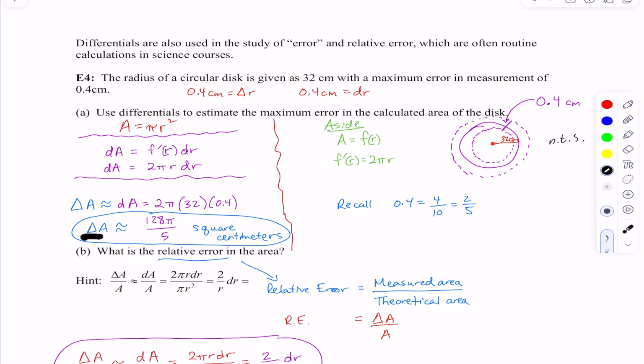I didn't mean to say the actual change in area. I meant to say the change in error for the area is actually this quantity.